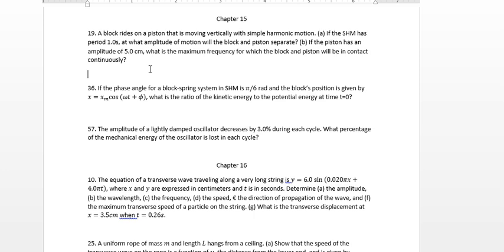Okay, so the piston's doing what it wants to do independent of the block. The block's just sitting on it. Like if I'm holding my hand and going up and down, at what point does the pen come off my hand? Well, it'll come off my hand if what? I can just be still and have it come off my hand. Why does it come off?